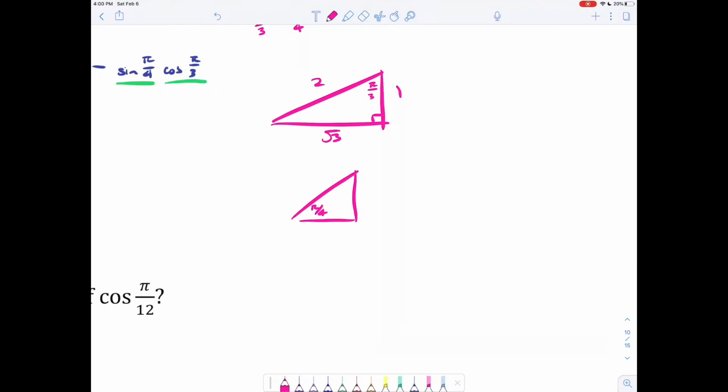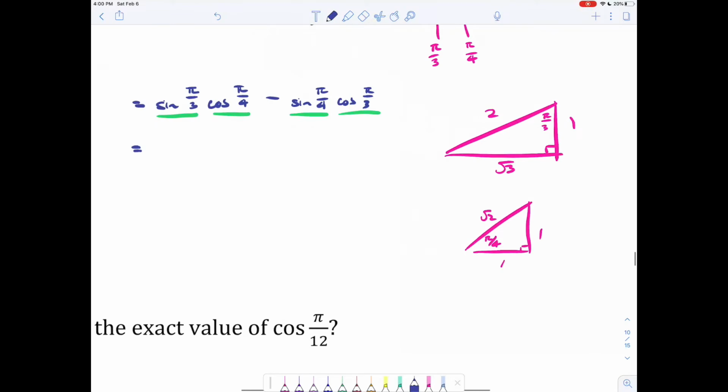1, root 2, boom. I'm ready to go. So sine of pi over 3 is root 3 over 2. Cosine of pi over 4 is 1 over root 2. Minus sine of pi over 4 is 1 over root 2.